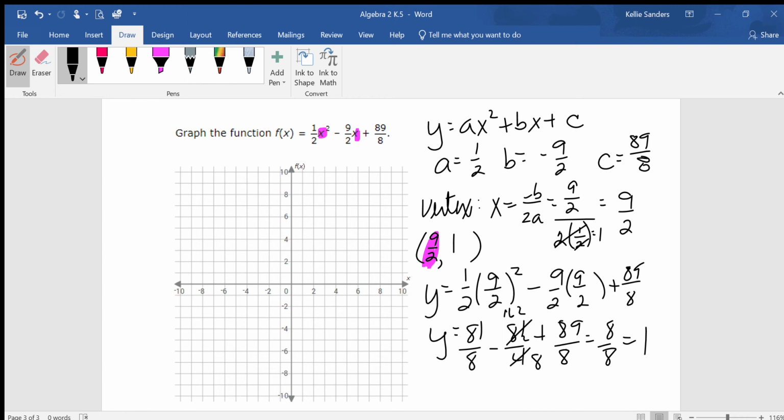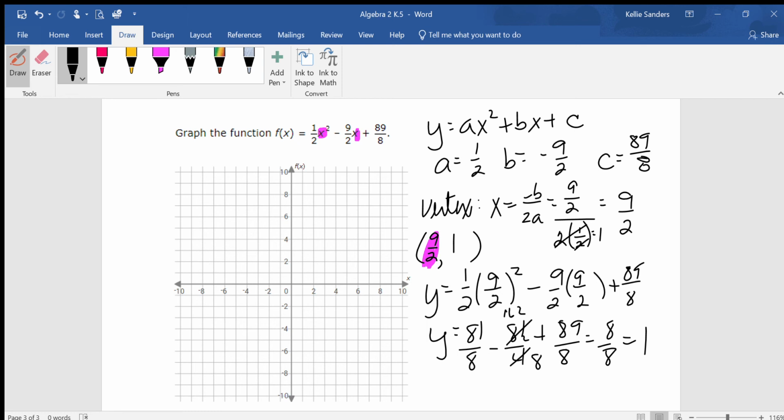1 over 2, open parentheses, fraction 9 over 2, close parentheses squared, minus fraction 9 over 2, parentheses, fraction 9 over 2, close your parentheses, plus fraction 89 over 8.